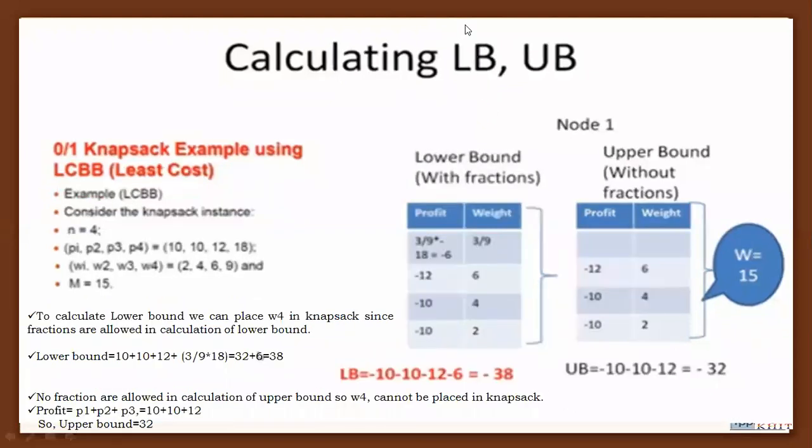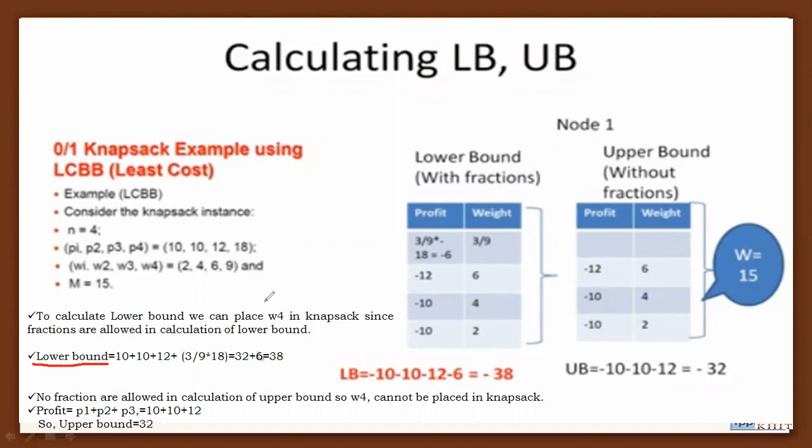Now this is the formula for calculating the lower bound and upper bound. To calculate the lower bound, we can try to place all 4 items into the knapsack by satisfying the formula.